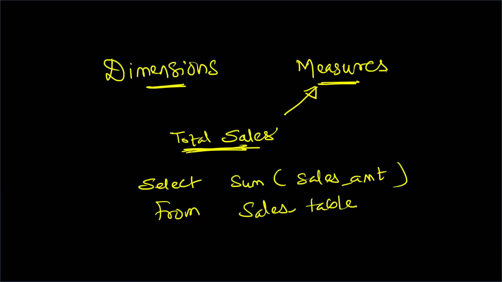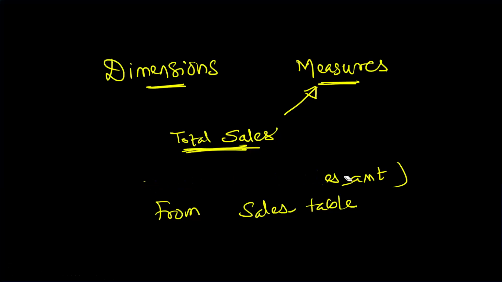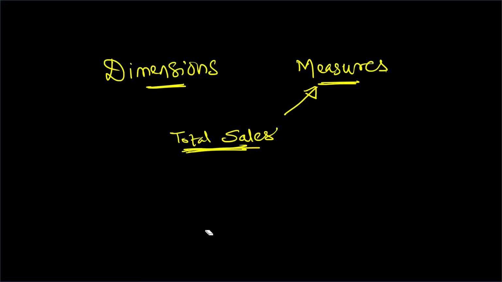But if I say I want to know the sale by geography, by region, the moment I want to know sales by region, my query has to change and it has to become something like this.